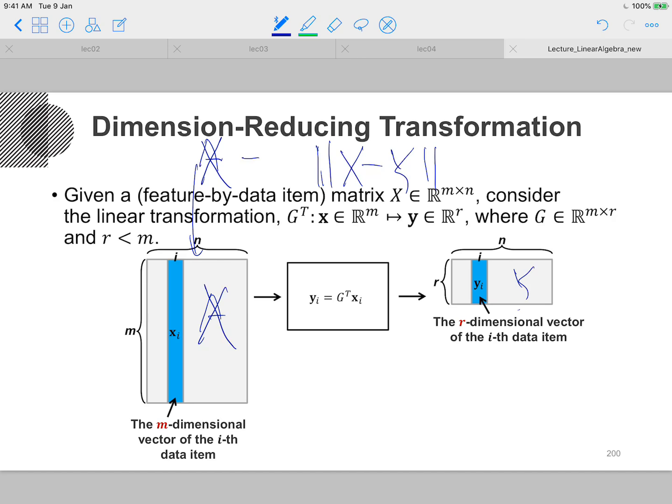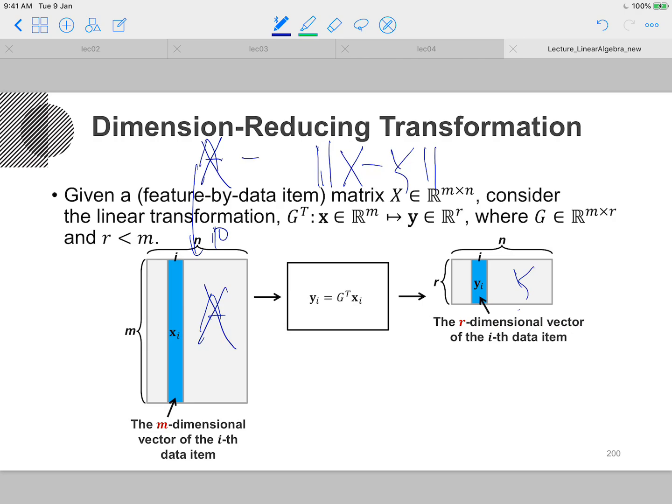relationships between data items. So if we are given 10 data items, then we can consider their pairwise inner product as their similarity measure, or their Euclidean distance as a distance measure. Okay, that characterizes every pairwise relationship between the data items. Okay? And then let's consider their inner product, for example.